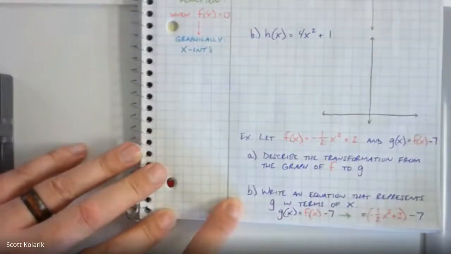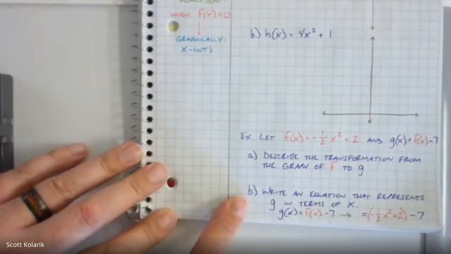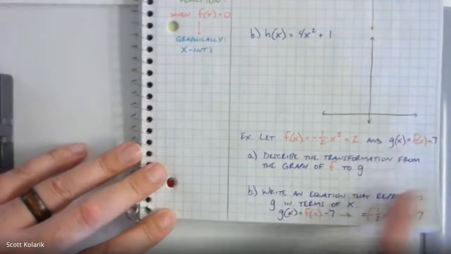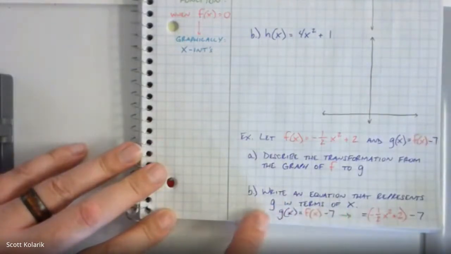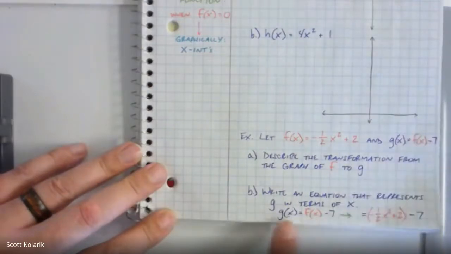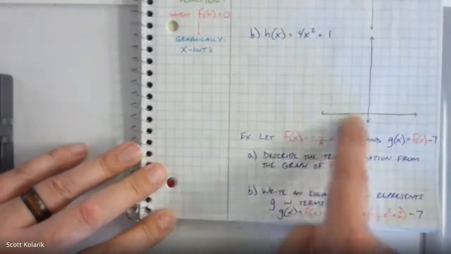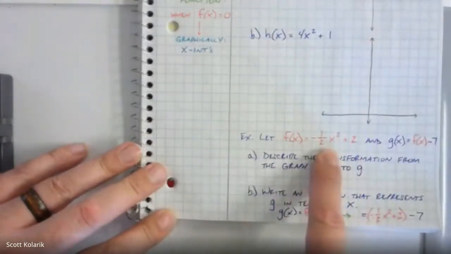Part B says write an equation that represents g, again being the transformation, in terms of x. In other words, give it its own equation.